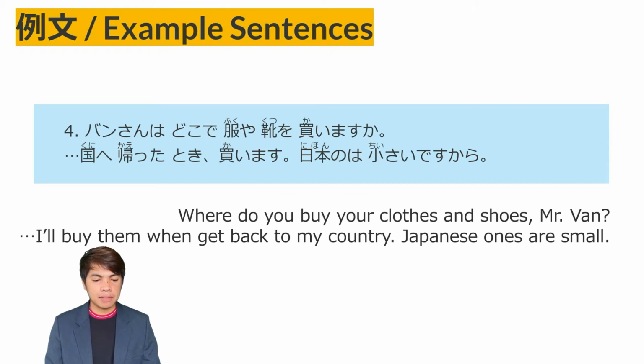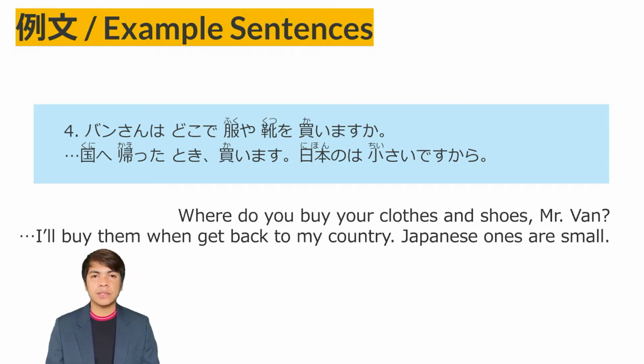Example sentence number 4. Ban-san wa doko de fuku ya kutsu o kaimasu ka? Kuni e kaetta toki kaimasu. Nihon no wa chiisai desu kara. The first sentence asks, where do you buy your clothes, shoes, and other things? He answered, kuni e kaetta toki.